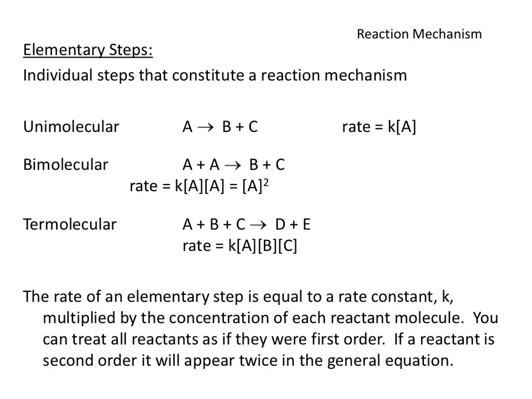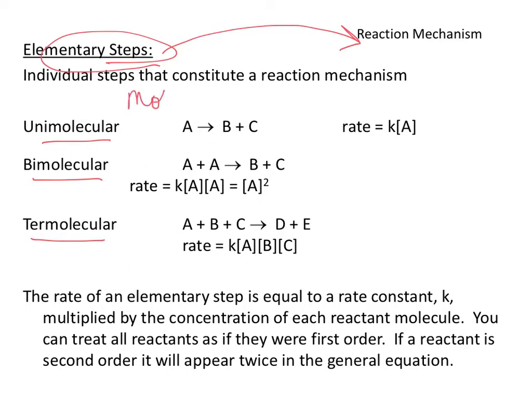Let's go forward. As I was saying, many elementary steps together feed into a reaction mechanism. These are basically the individual steps that constitute a reaction mechanism. These could be unimolecular, bimolecular, or termolecular, so you can characterize these by what is called the molecularity.